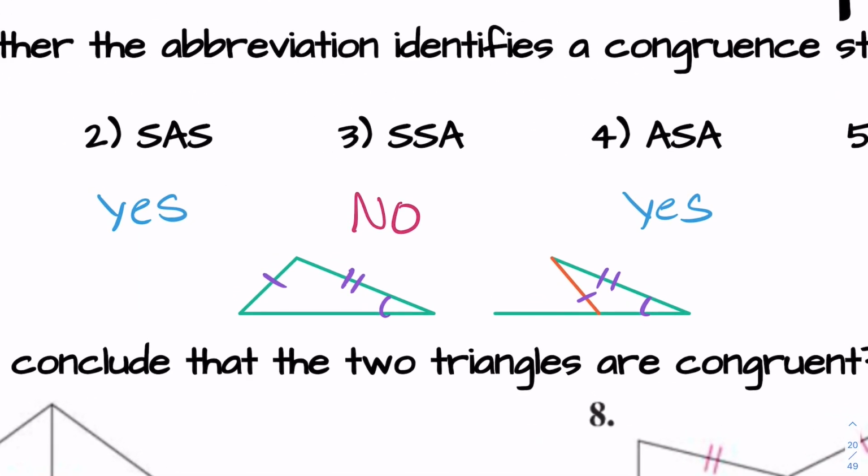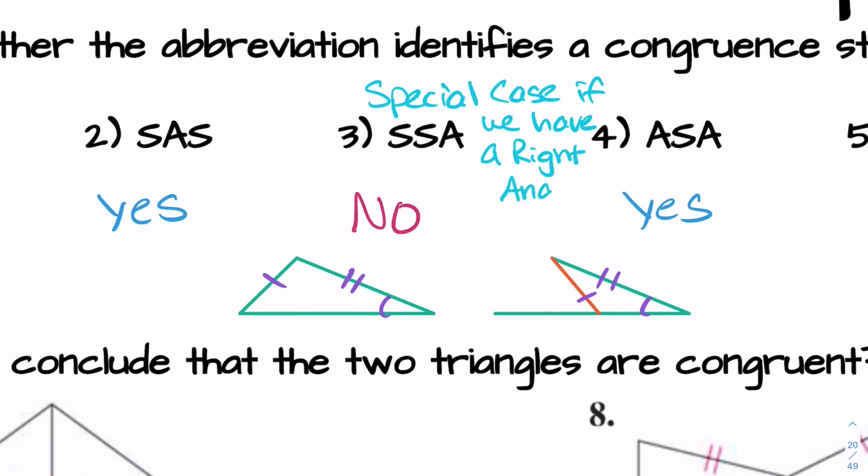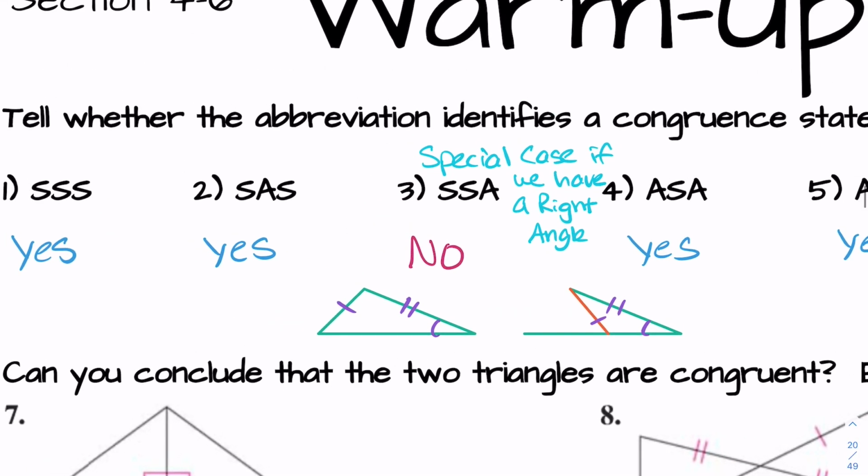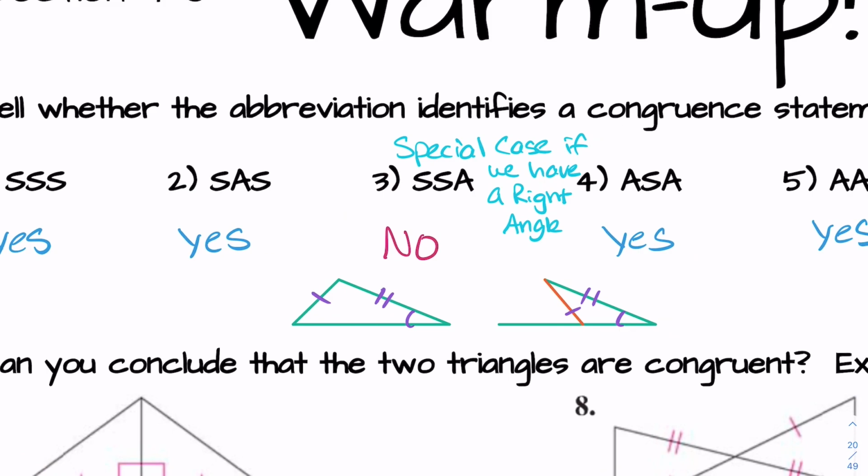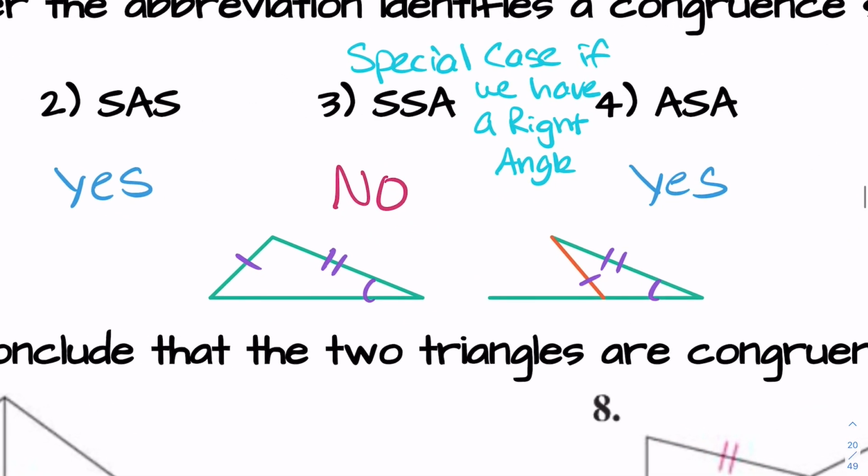However, there's a special case. Oh, let me use a different color. We've used almost everything except for this one. Special case: if we have a right angle. Because we actually would eliminate this option of this. This is called a swing side.